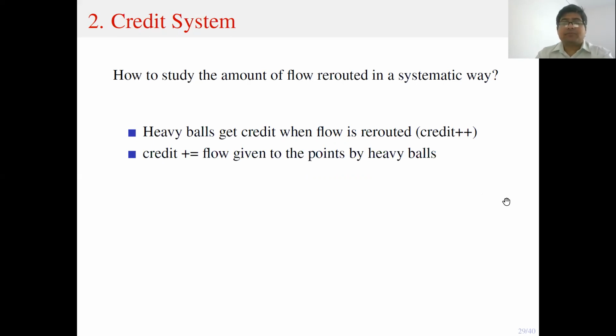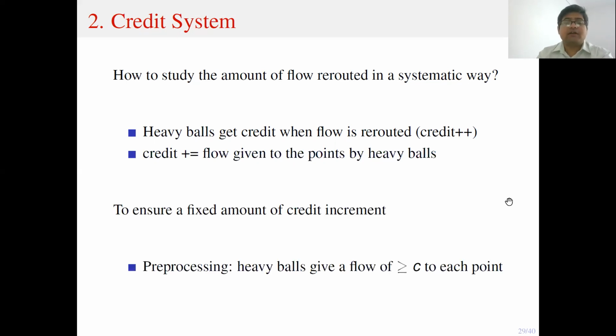However, to give an upper bound of a constant factor in the approximation, we need to make sure that in each iteration we increase a fixed amount of credit.